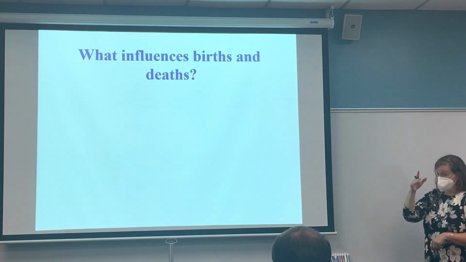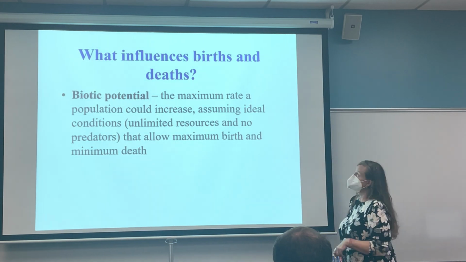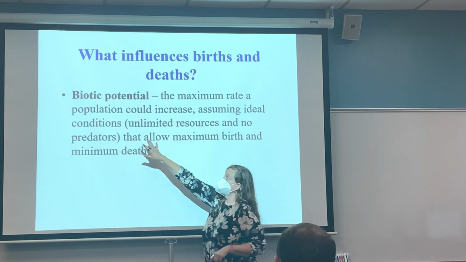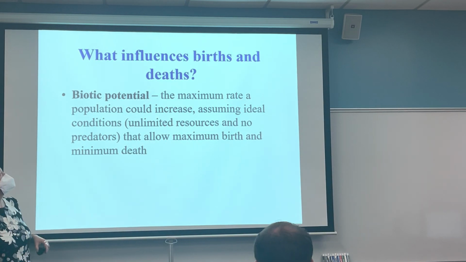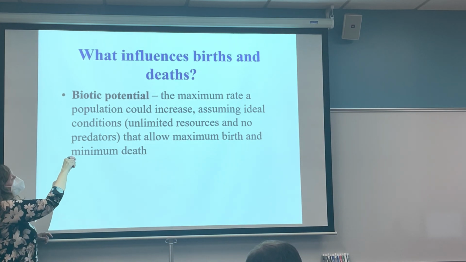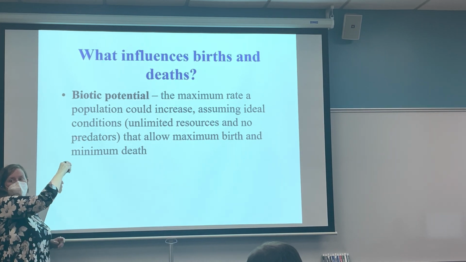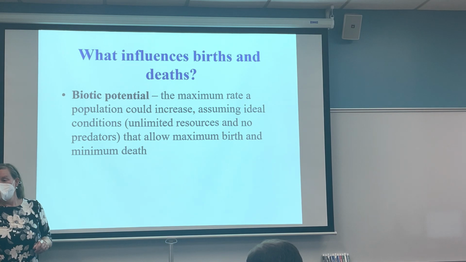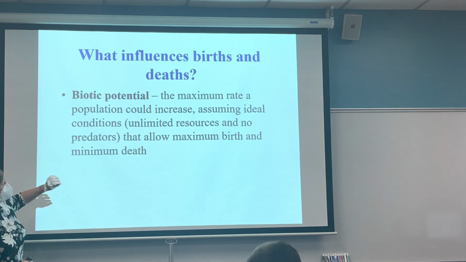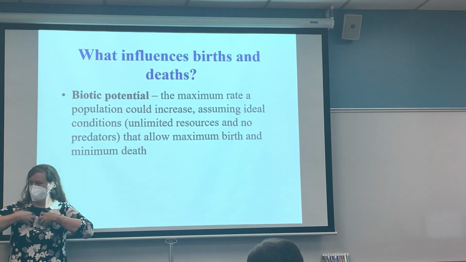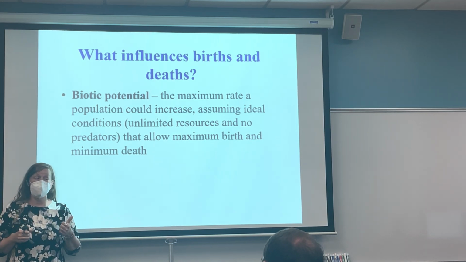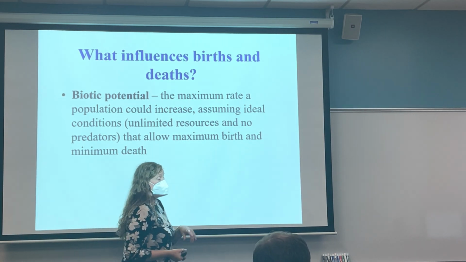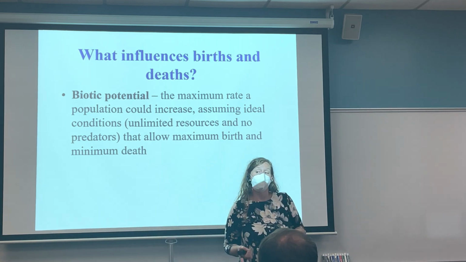All right, so we talked a little bit about this already. What influences births and deaths? So one thing is biotic potential. There's that BIO again. The potential of the biology in that population. Anything that is biologically related, mostly you, right? Your biology, you're a living thing. So you're doing good in the population. Other things that are good, you probably don't have a lot of predators.